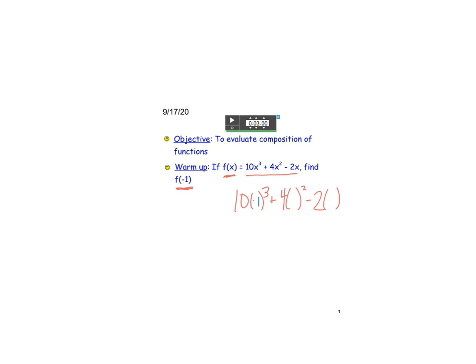So I'm going to put a -1 there, -1 there, -1 there, and then I put all of this in my calculator exactly the way that I wrote it, and I get -4. If you didn't get -4, double check your negatives. Make sure they are in parentheses because that's going to matter. It will definitely change your answer.